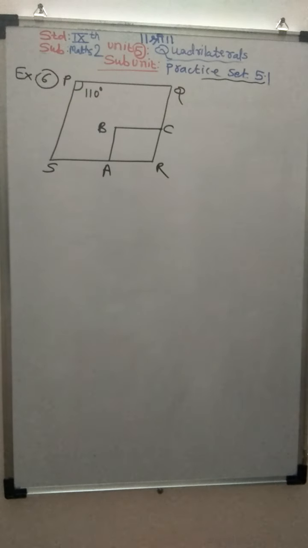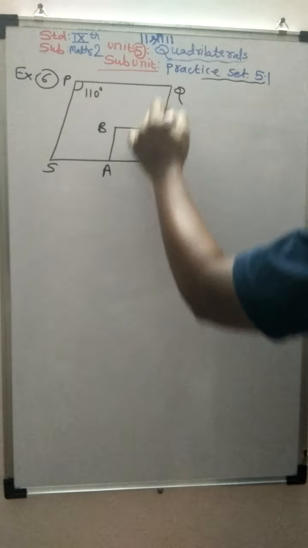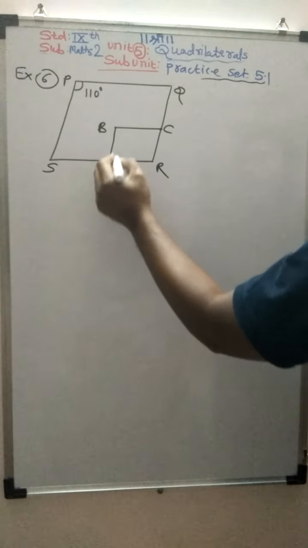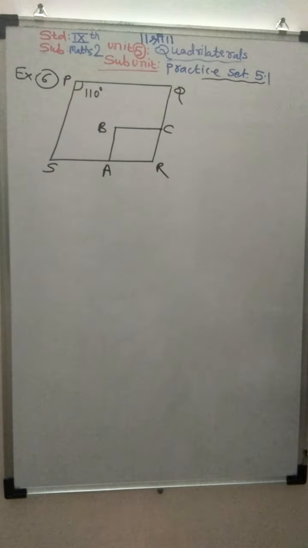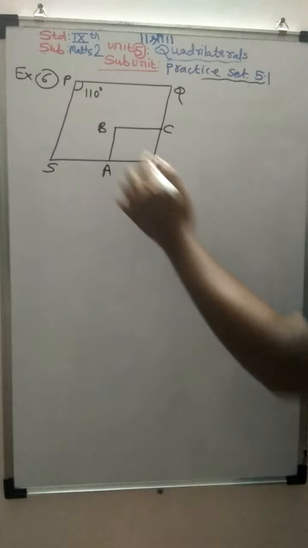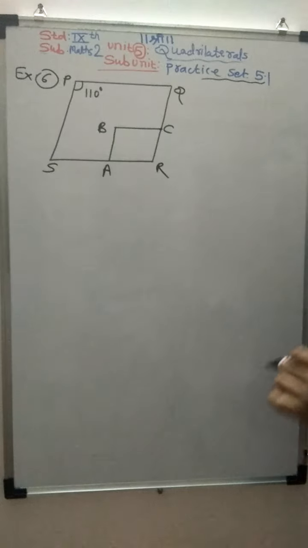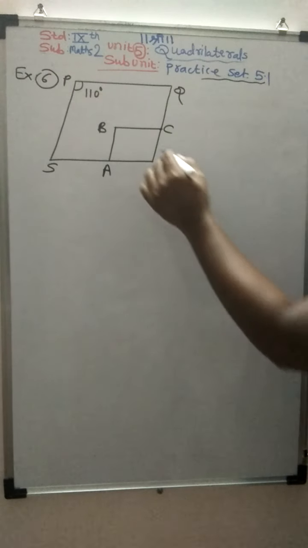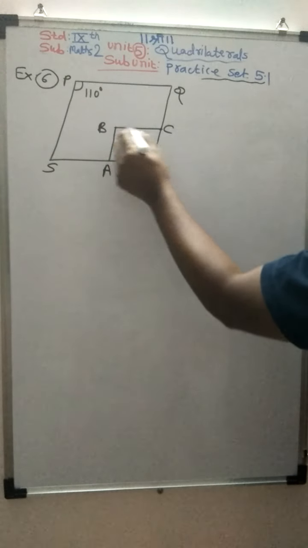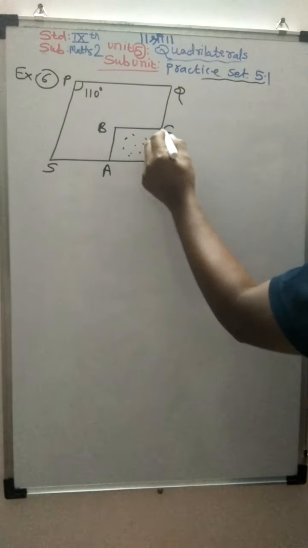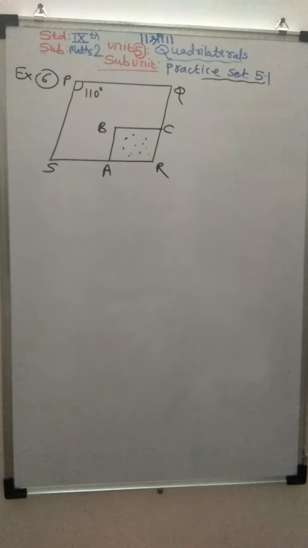Example number 6. In example number 6, what is given? PQRS and ABCR, these two quadrilaterals are parallelograms, and angle P, means angle QPS, is 110 degrees. Our aim is to find the measures of all angles of ABCR, means angles A, B, C and R, all 4 angles we want to find.